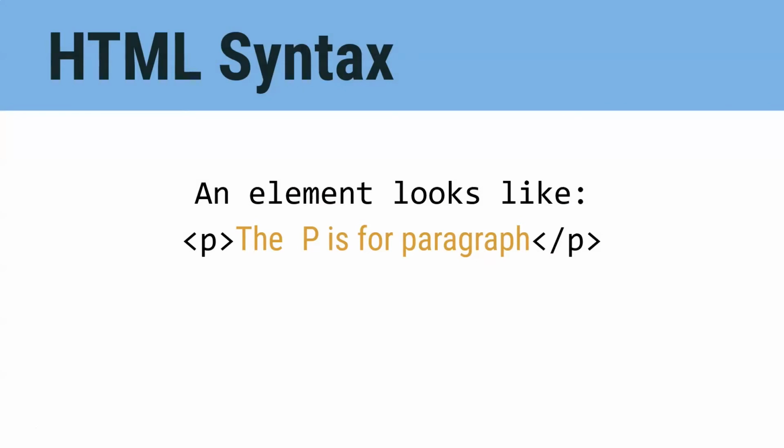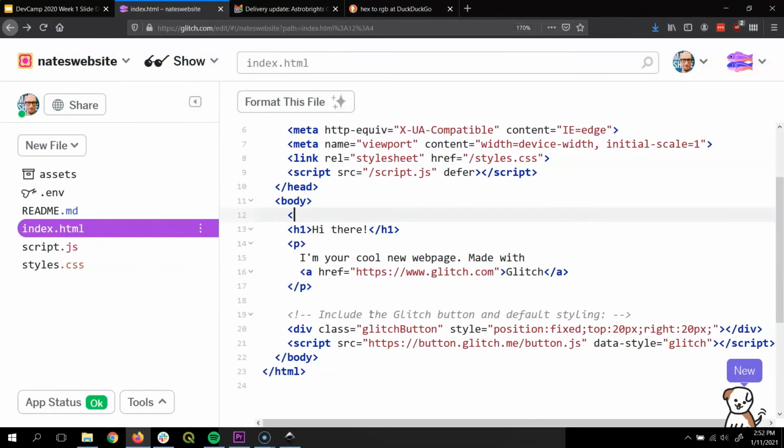So to understand what we're seeing here, we'll need to understand HTML syntax, or the rules of how you write HTML. So HTML is made up of elements. An element is a piece of content, some text, labeled with some tags. The tags you see here are the P's on either side of the sentence. In HTML, tags are indicated by the less than and greater than symbols. Sometimes you'll hear them called open and closed carets, with the element name in the middle.